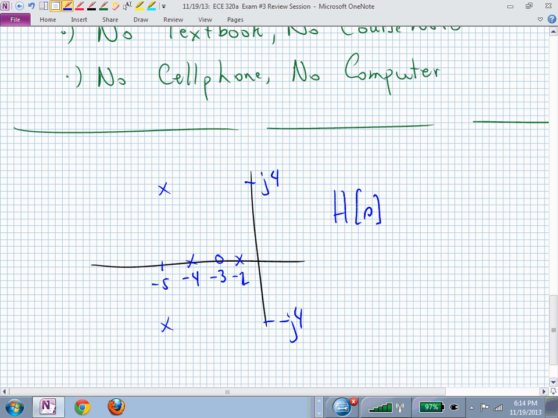So these two have an e to the minus 5t associated with them. So they're going to be exponentially damped sinusoids. What's the frequency of oscillation for the pole at -4? It doesn't have a damped frequency, does it? It's a real pole. So what does it look like as far as its structure?